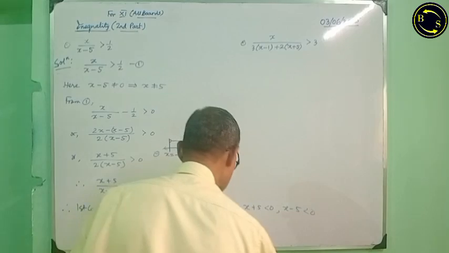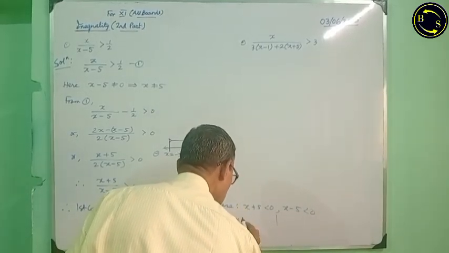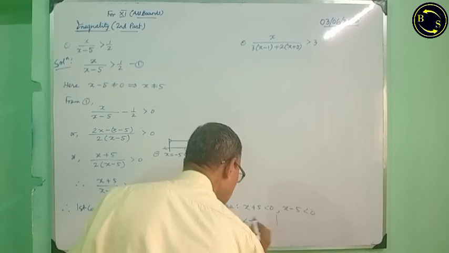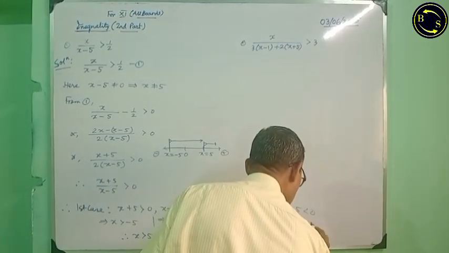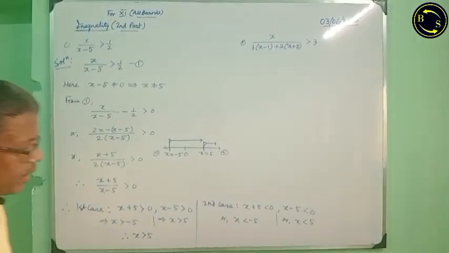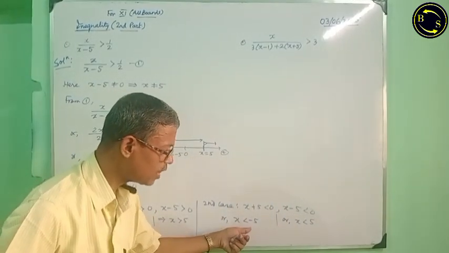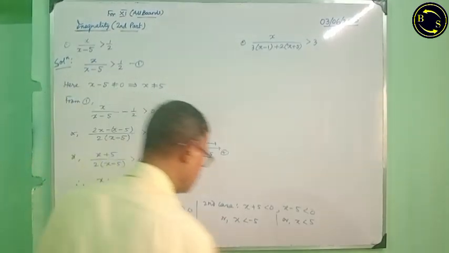Therefore, we conclude this. And from this, x less than minus 5, here x is less than 5. Therefore, common one is this.